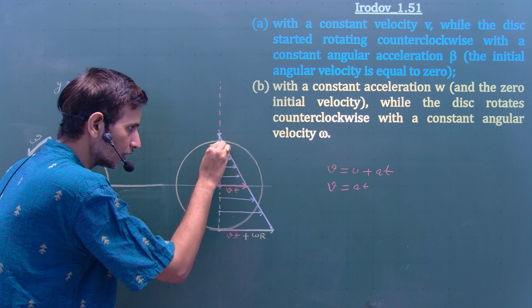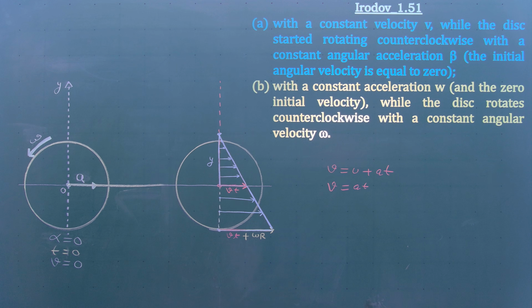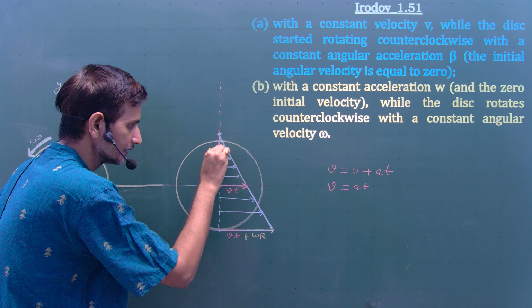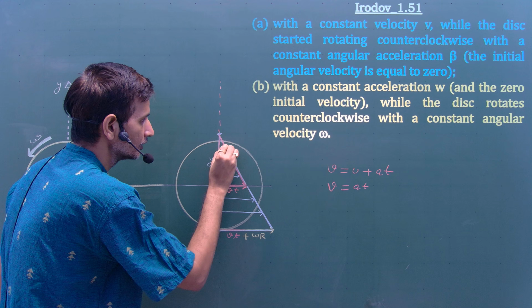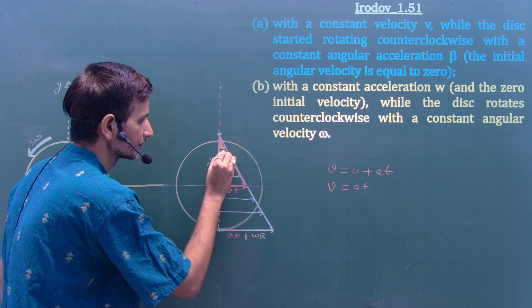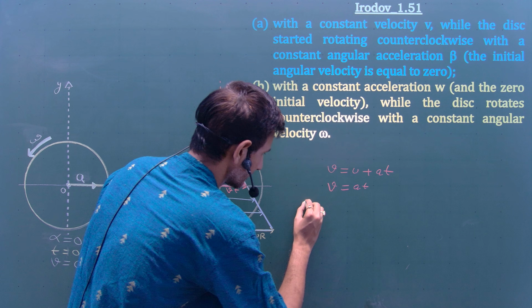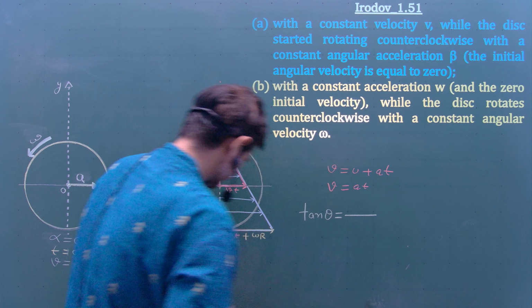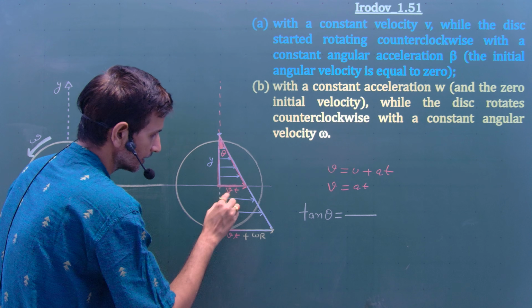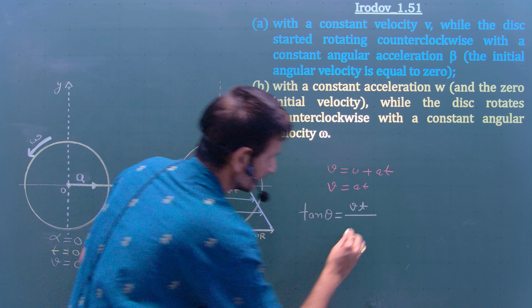Now I call this distance y. So how to find y? To find y, use this triangle. This is a right angle triangle, and I call this angle theta. So tan theta should be equal to the perpendicular part, which is at, divided by this base length y.